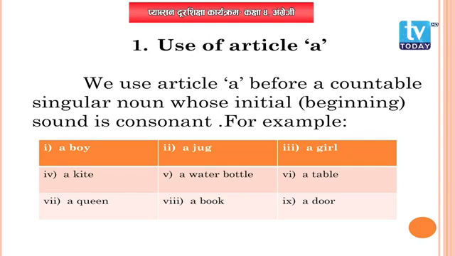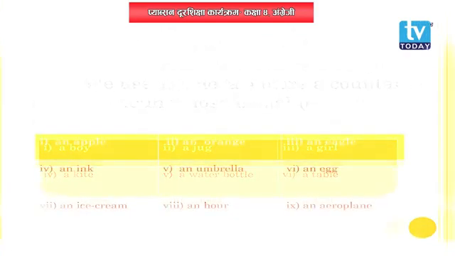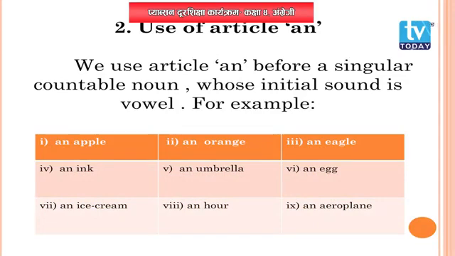Now, dear children, we are going to the use of 'an'. How and where can we use 'an'? In comparison to the article 'a', 'an' is also used with a singular countable noun.